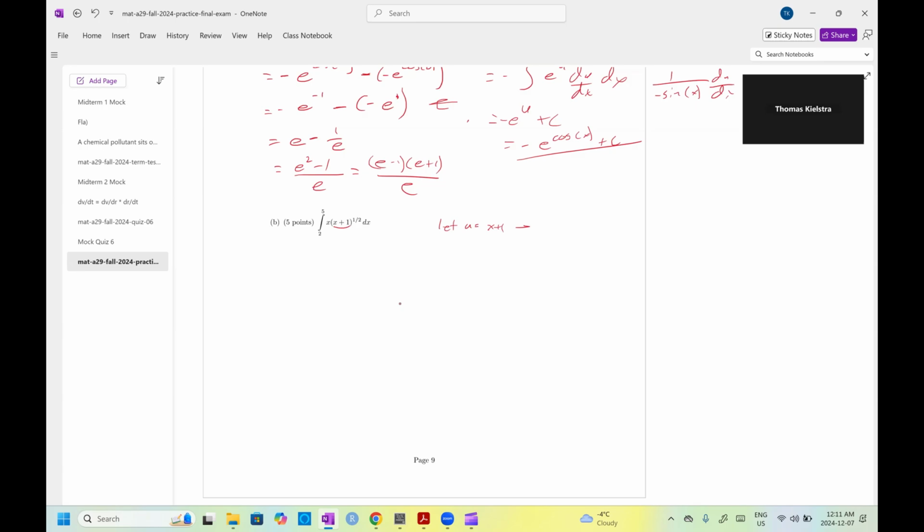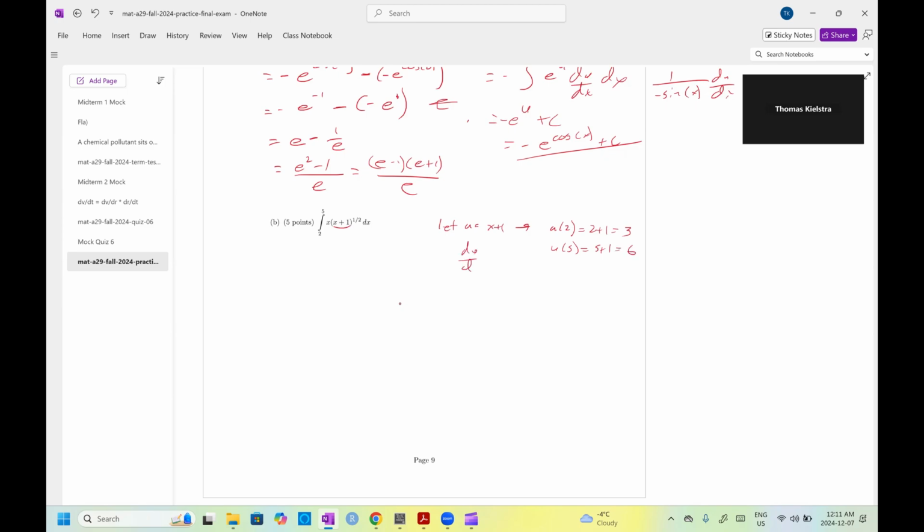I'm going to do two things. I'm going to solve this by updating the bounds of my integral. So if u equals x plus 1, then u of 2 equals 2 plus 1 equals 3, and u of 5 equals 5 plus 1 equals 6.